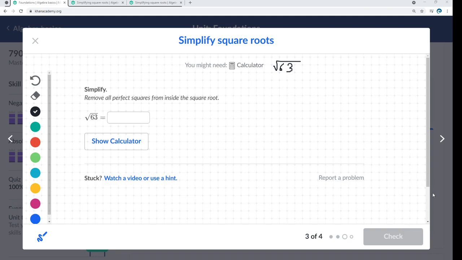So 63 divided by 3 is 21. So we have 3, 21. Can we divide 21 by 3? Pretty sure we can. It's 7. So 3 times 7.